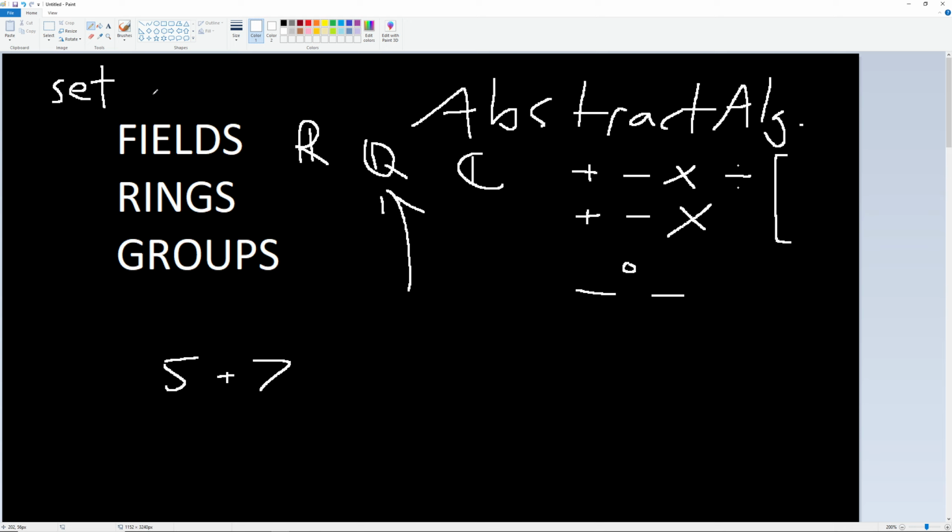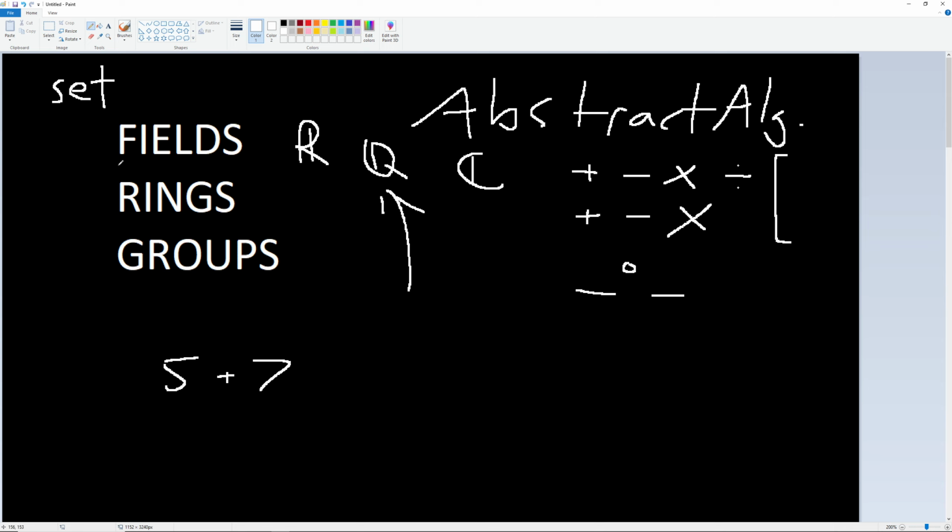And we don't have to talk about numbers per se, but let's be grounded in normal human kind of math and just say we're talking about numbers. And so the number 7 can be added. That's an element of the set, so it's an element of our field.